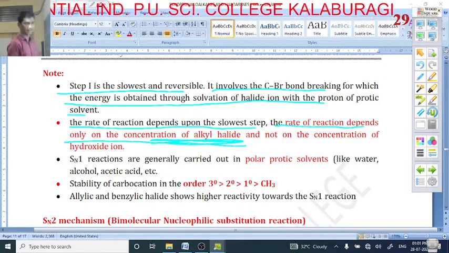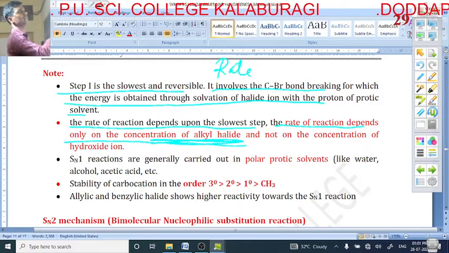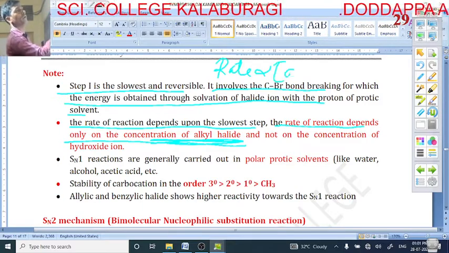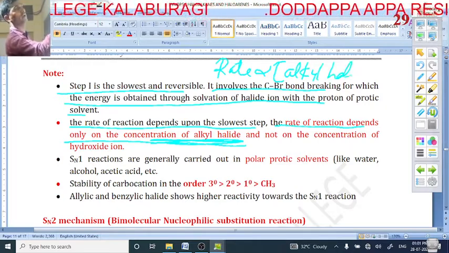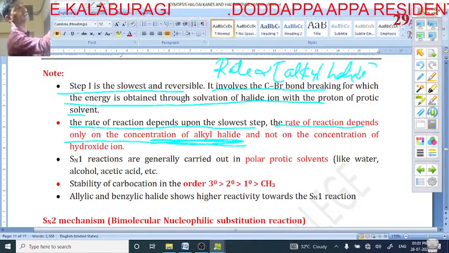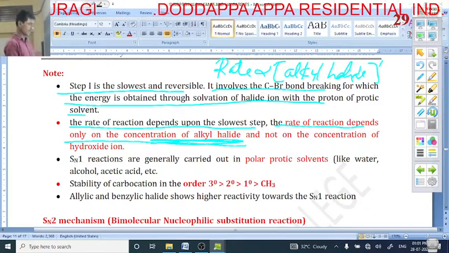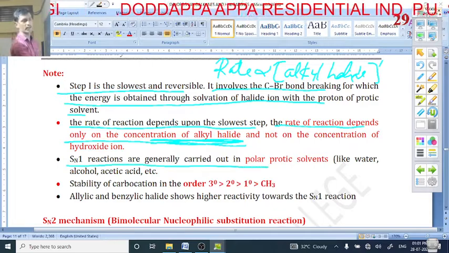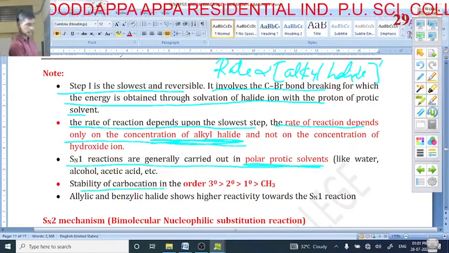In the SN1 reaction, the rate is directly proportional to only the concentration of alkyl halide. Hence it is a first order reaction. The SN1 reaction is carried out in a polar protic solvent, and tertiary is the more reactive.